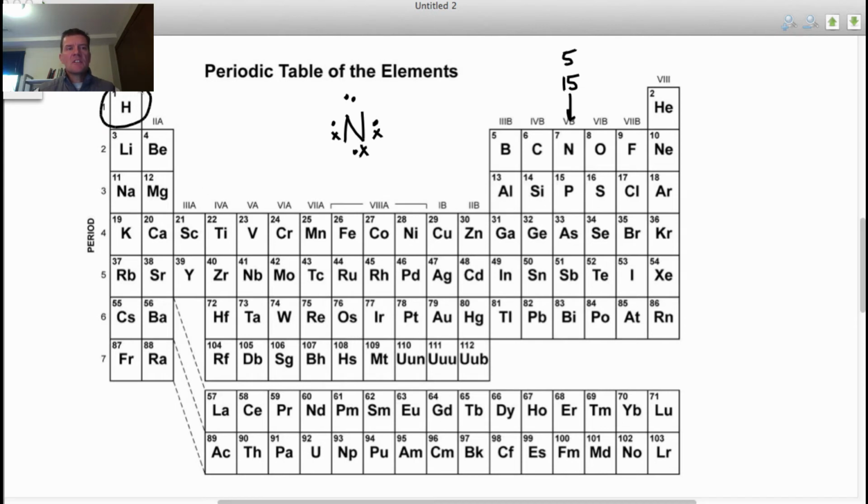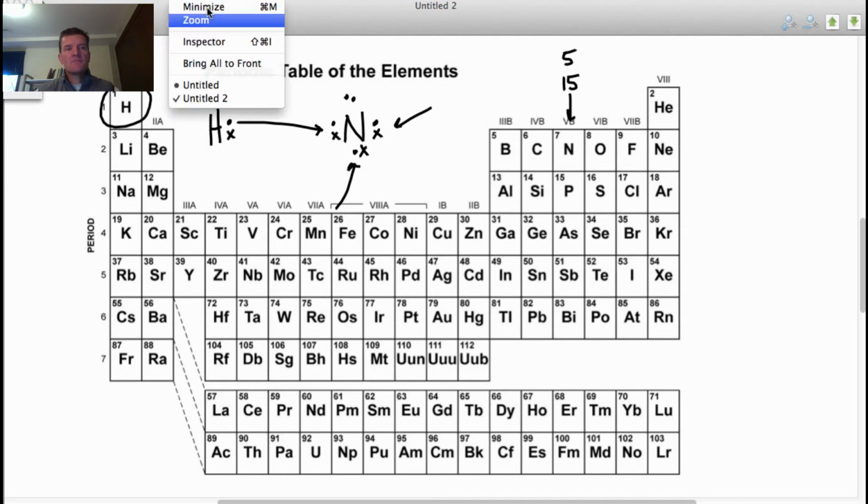Hydrogen is in group 1, so it has 1 valence electron, and it looks like that. Remember, it's a duet. It has 1 spot right there that it would like to fill. Well, nitrogen says, hydrogen, come in here, let's share our electrons, and if you've got 2 buddies that can fill my other 2 spaces, that would be wonderful, and that's exactly what happens.